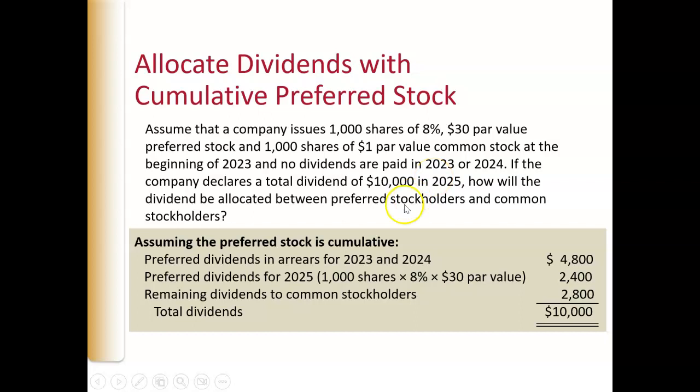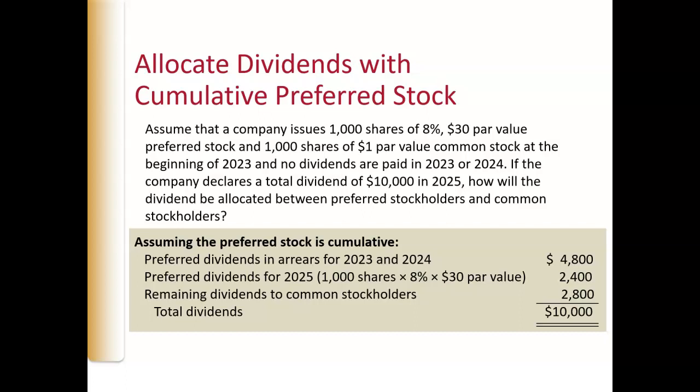Now, when we talk about preferred stock being what's called cumulative, what that means, guys, is let's take this example where a company issued 1,000 shares of 8%, $30 par value preferred stock, and 1,000 shares of $1 par value common stock at the beginning of 2023, and no dividends were paid in 2023 or 2024.